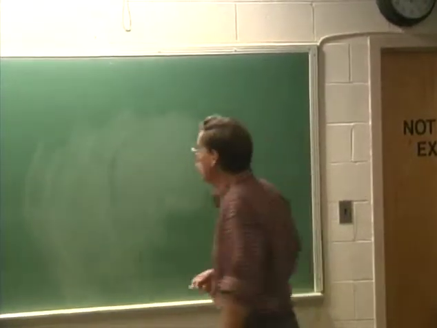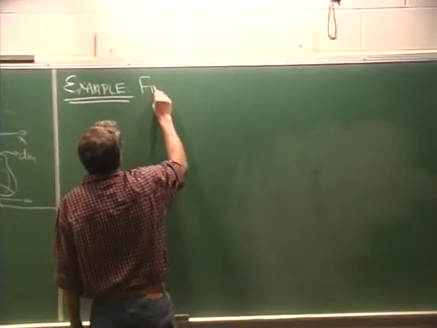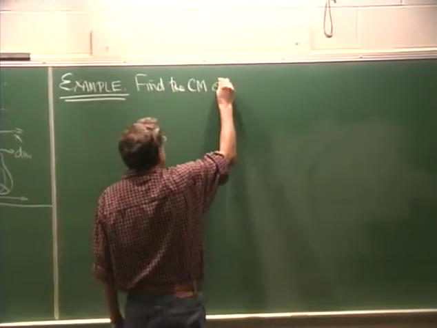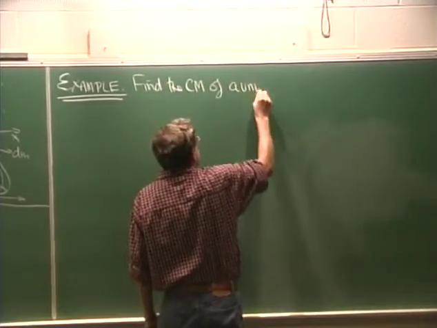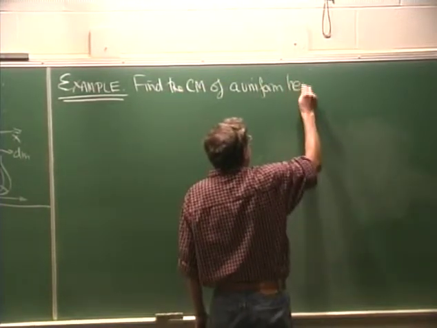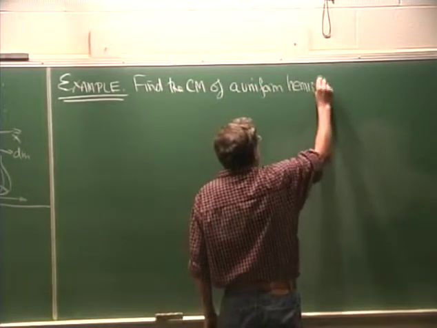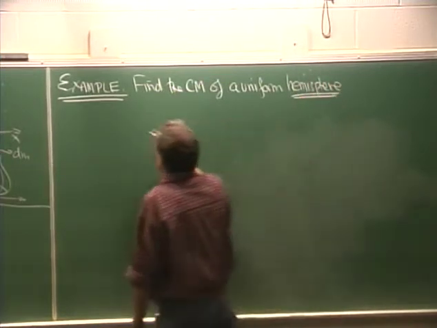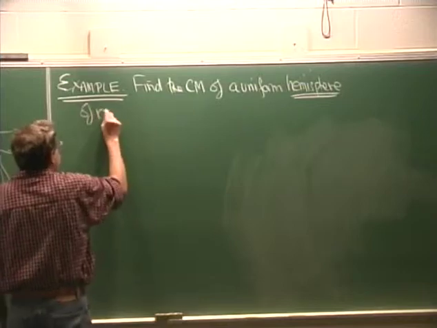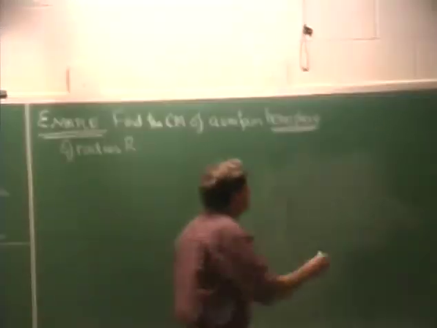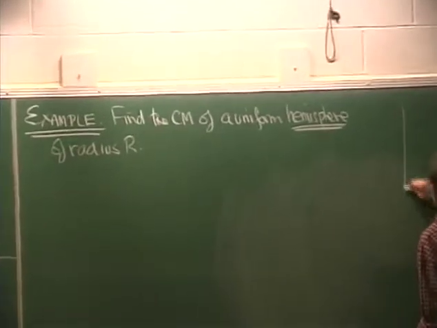So it's got to be something a little more interesting than that. Find the center of mass of this uniform hemisphere. Let's give it a radius r. Watch how this goes. Very interesting calculation.